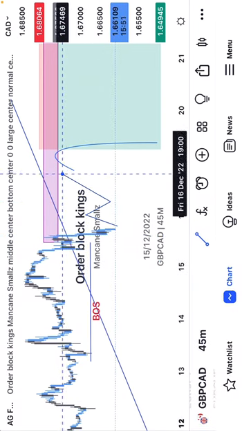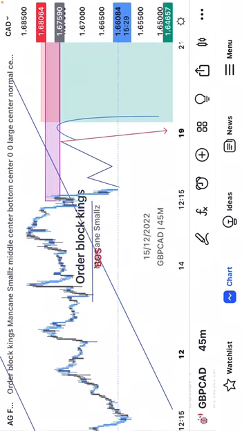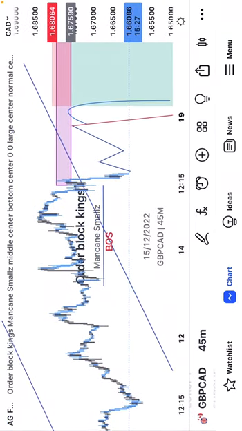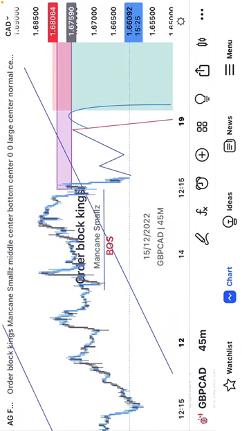Then I want to see a sell. That's what I want to see on this trade. Whether they like it or not, this is what I want to see. They will create this kind of movement.